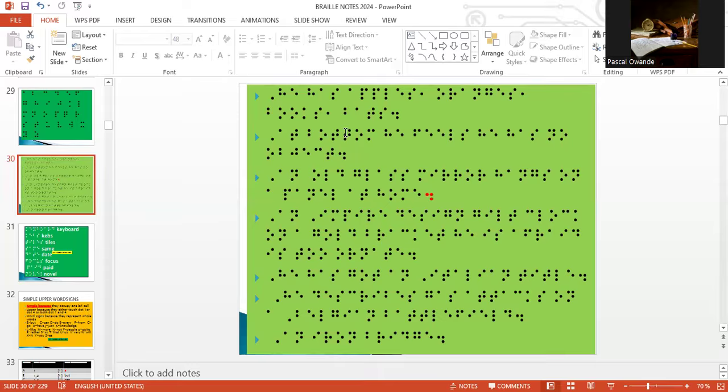So for you to be able to show that you have terminated the capitalization at the end of that sentence, there has to be dots 2, 5 as capital terminators to show that capitalization is ending there. And so let us now read.